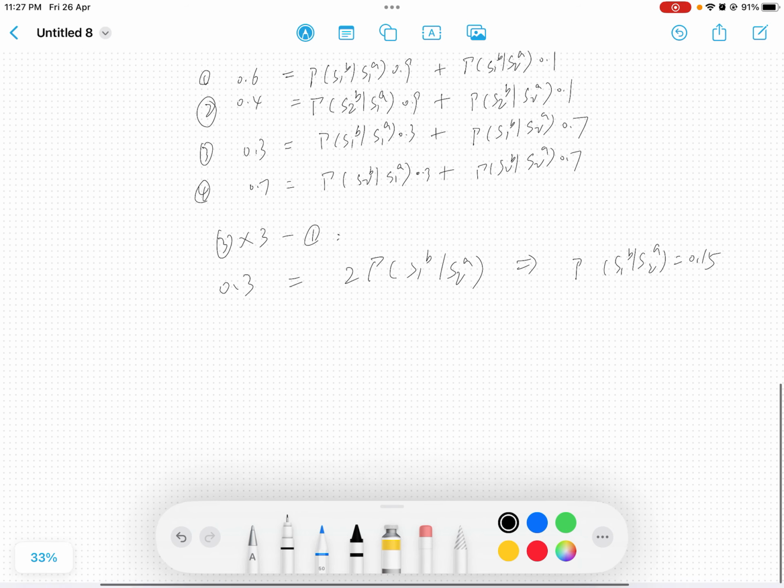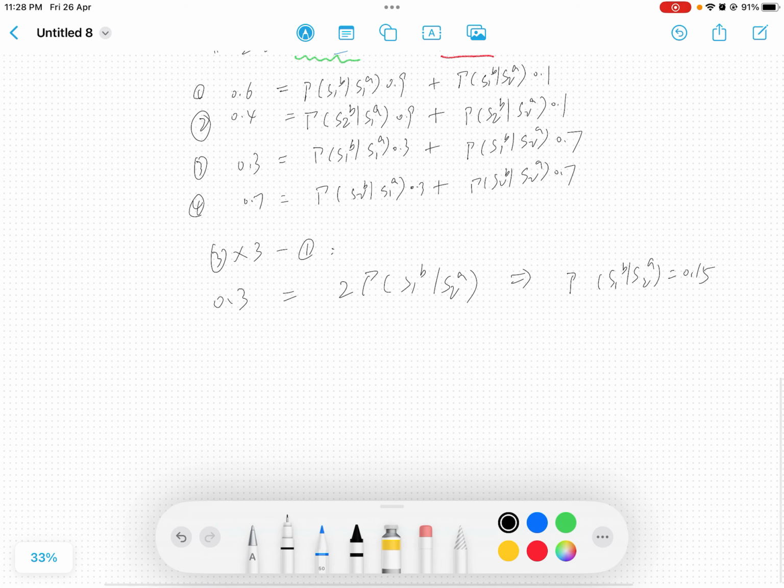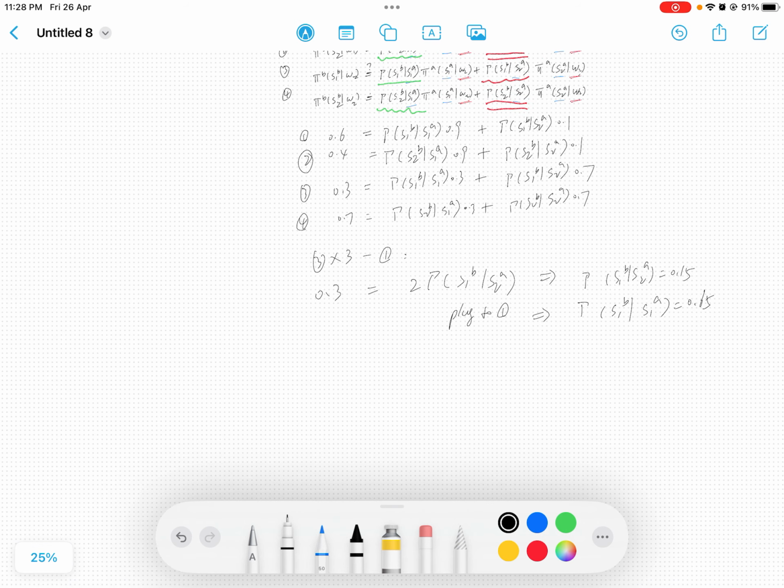So that's straightforward. Then we plug this into number 1, and so we can just get this gamma S1b. So gamma S1b given S1a will be 0.65. Okay. This is not hard to calculate.